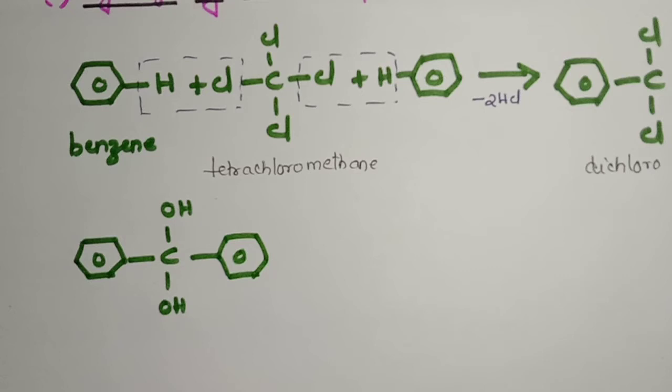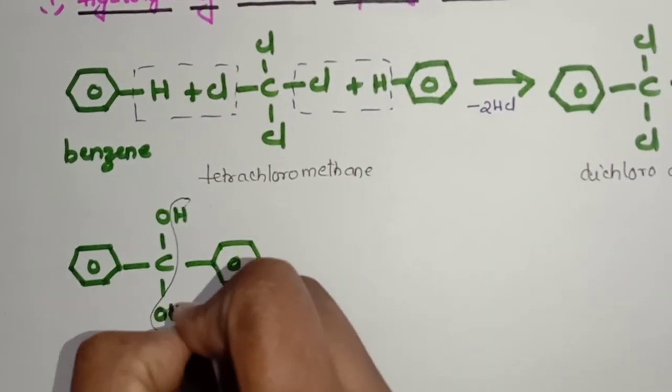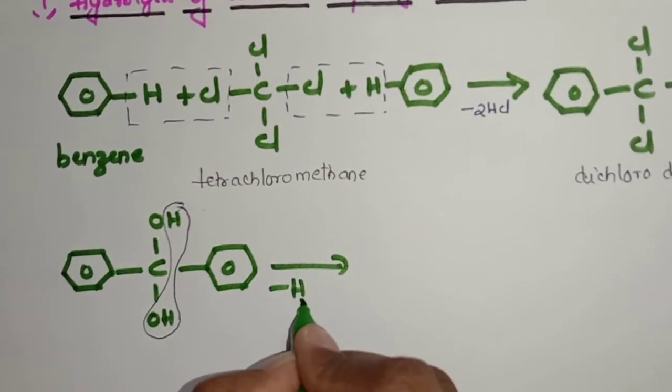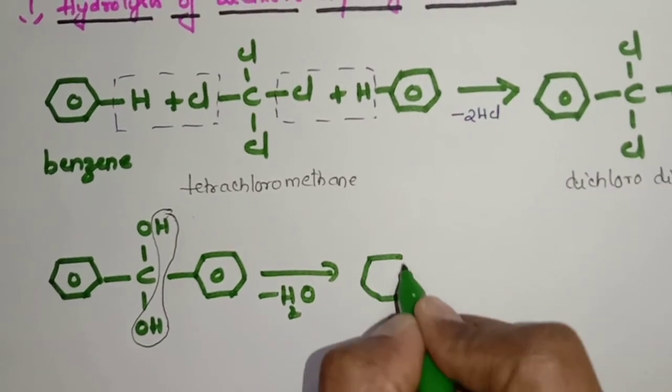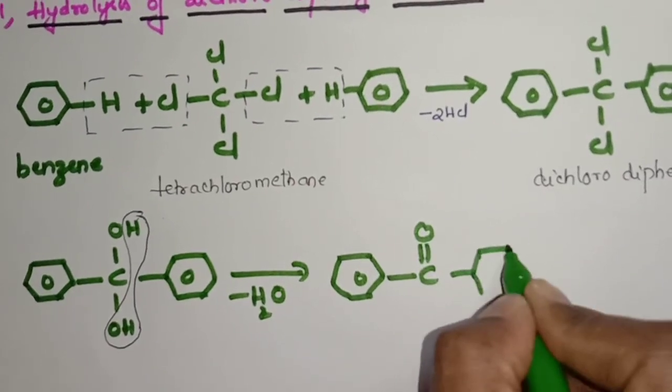Again there are two OH groups on the same carbon, so an H2O molecule comes out as minus H2O. So what remains? C6H5 C double bond O C6H5.